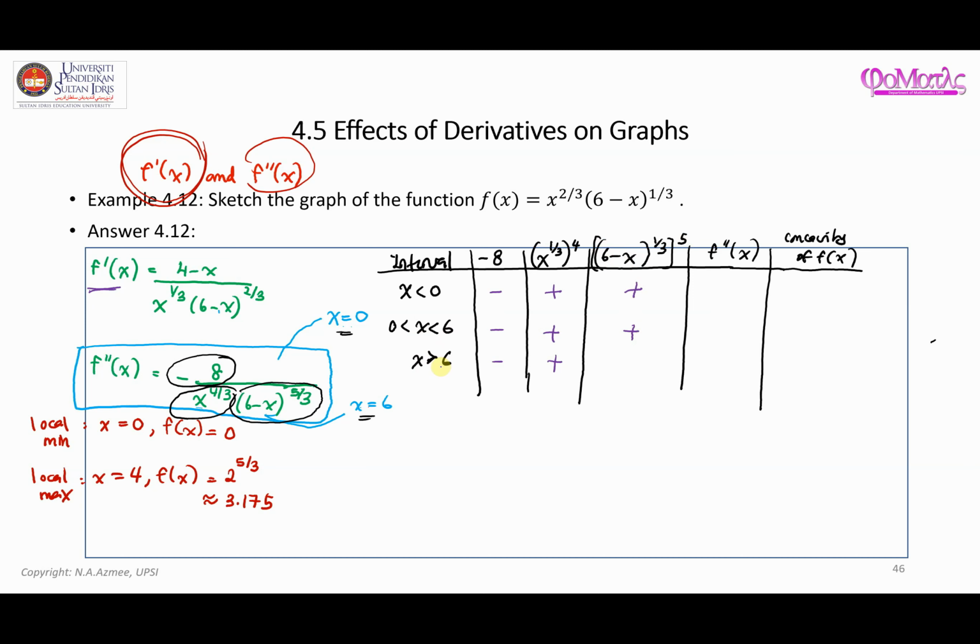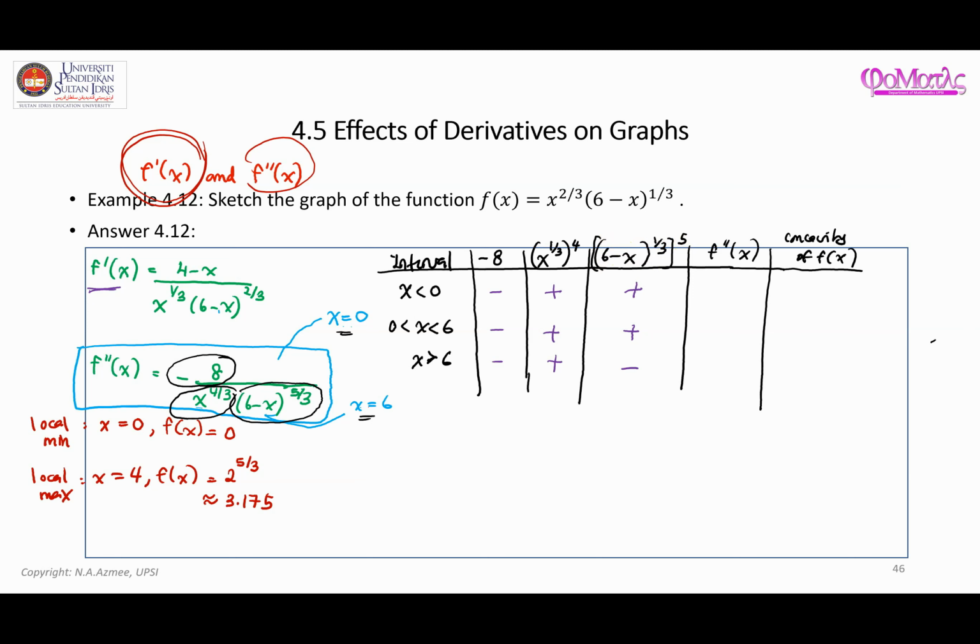Now when x is greater than 6, 6 minus a number greater than 6 will be negative. A negative value with power 1/3 gives a negative result, and then with an odd power, the whole thing is going to be negative.